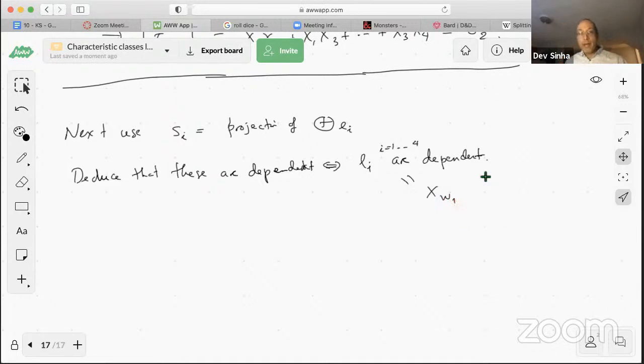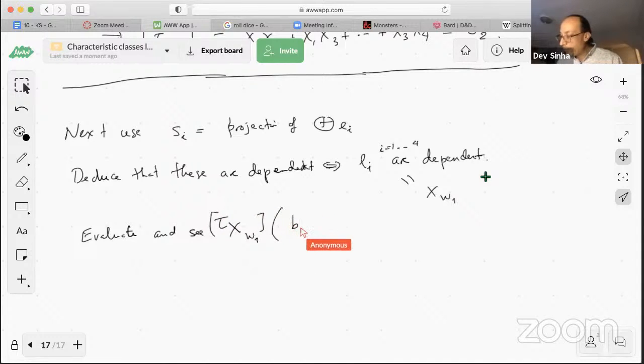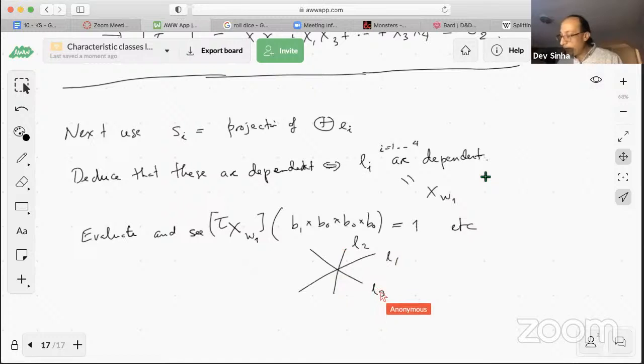You now evaluate that on the various B1s, and see that X sub W1 on this cohomology class on all of the B1s, really B1 cross B0 cross B0 cross B0, etc. And that's because if I have L1, L2, L3 generic in R4, they form a three-dimensional subspace, then L1, I'm just picking a one-dimensional space for it to circle around in.